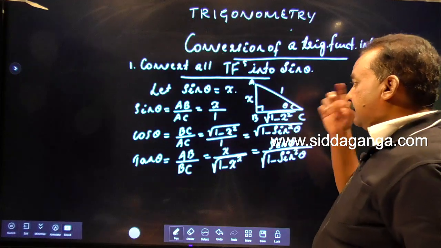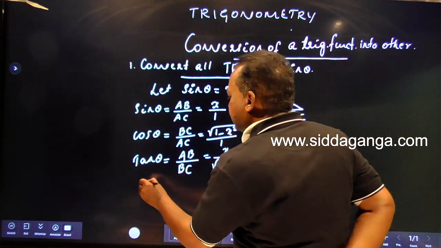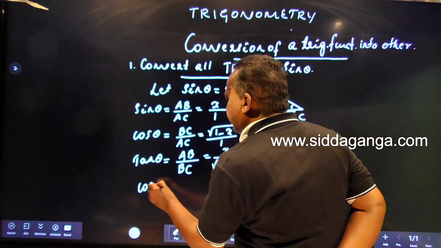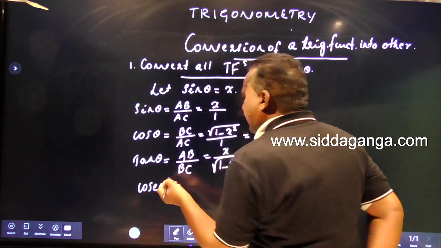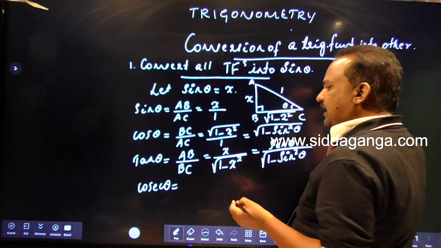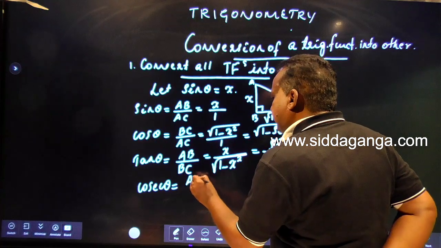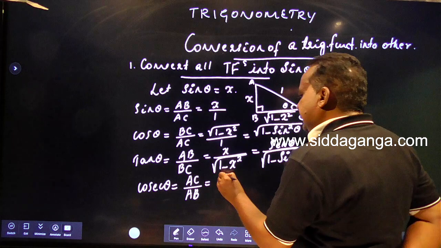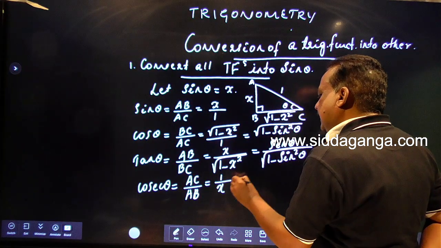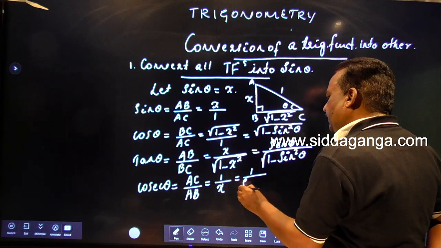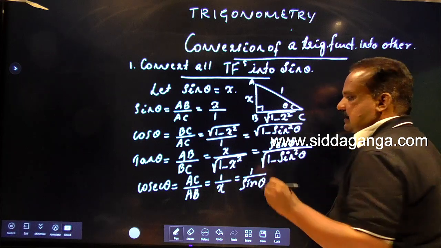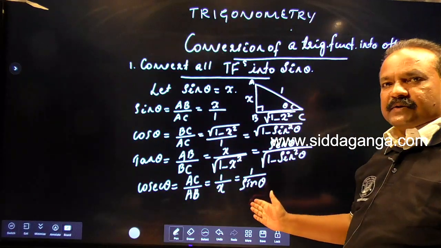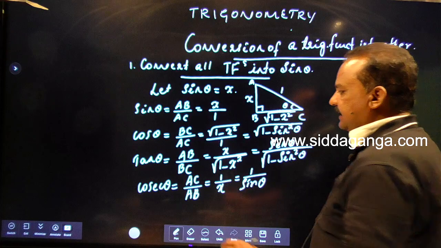Okay, sin is done, cos is done, tan is done. What comes next? Cosec theta. As you know, cosec theta is the reciprocal of sin theta. AC by AB. What is AC? 1, by AB which is x. 1 by what is x? Sin theta. So cosecant is also expressed in terms of sin theta.